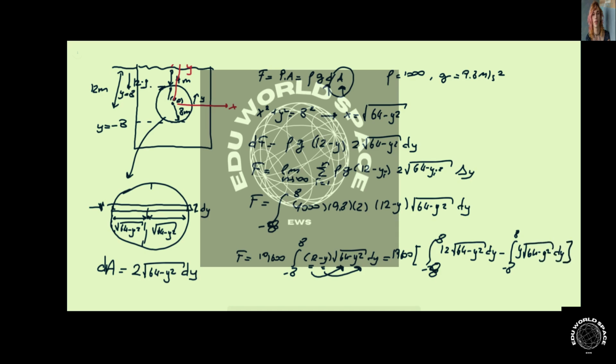If we evaluate this integral, we would find the total force acting on the side of this object with circular cross-section to be 2.36 times 10 to the 7 newtons.